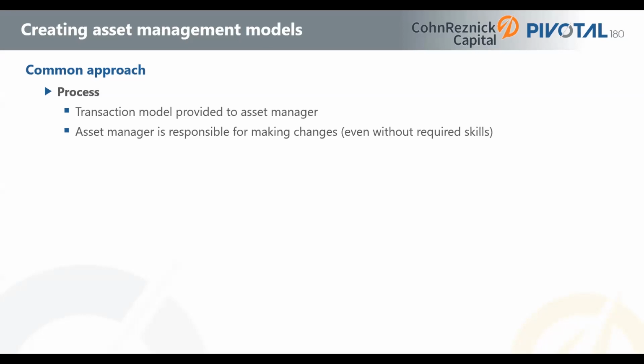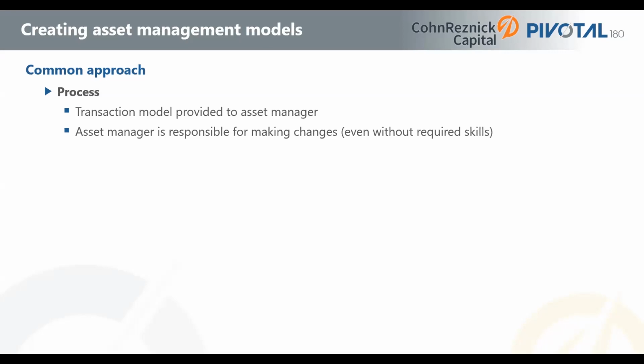But it's quite common, and I'm generalizing, but I'd say it's a pretty good generalization, that asset managers, because of their other skill set, don't have the same skill level with financial modeling as the deal teams, because they just don't spend the same amount of time creating the models. We all have our roles to play, and we need to be mindful of these different skill gaps between parties. And likewise, the deal team just doesn't have the same skills in asset management.